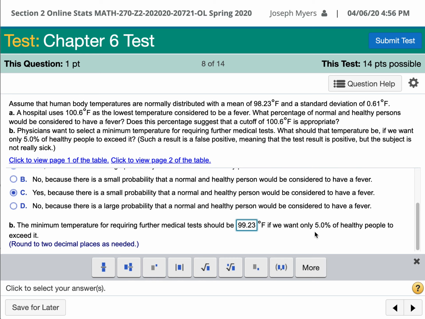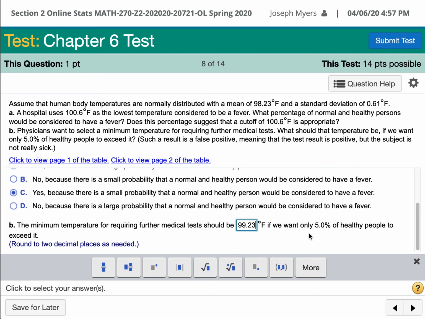Now this is what the problem on your homework wants you to do, but this is probably not actually a good temperature, because if they use this temperature to require you to have further medical attention, then 5% of all the healthy people in the whole United States would immediately have to go to the hospital. That would be more than 10 million people who are actually healthy.